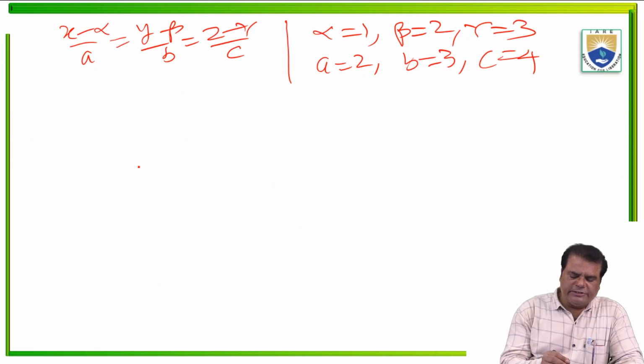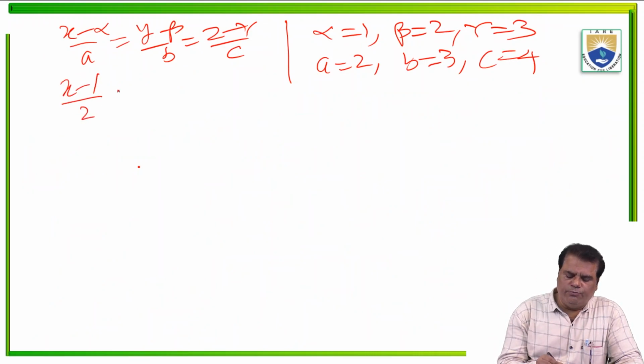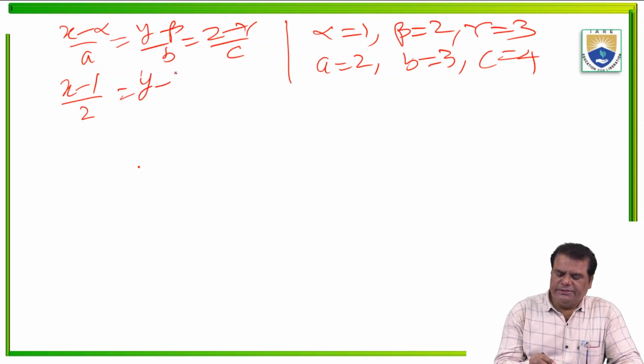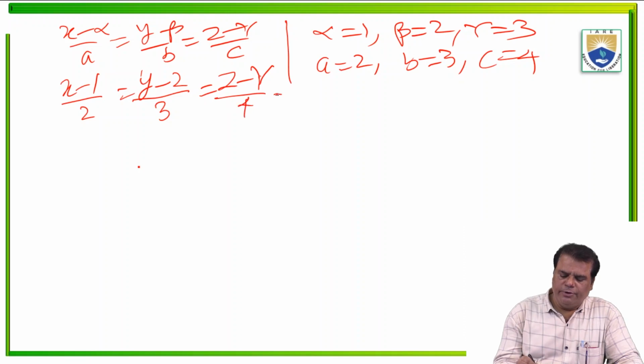Now (x minus 1) upon 2, (y minus 2) upon 3, and (z minus 3) upon 4, this is equal to t. t is some constant here.